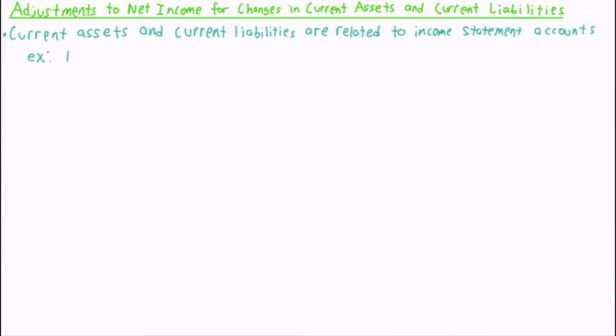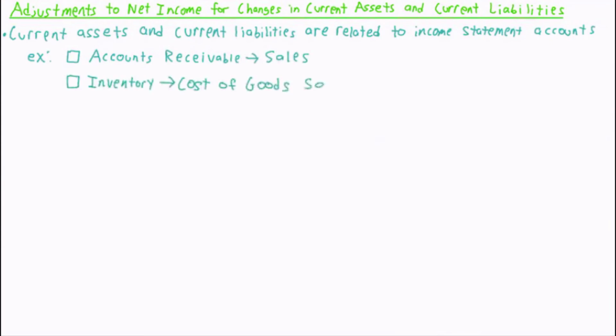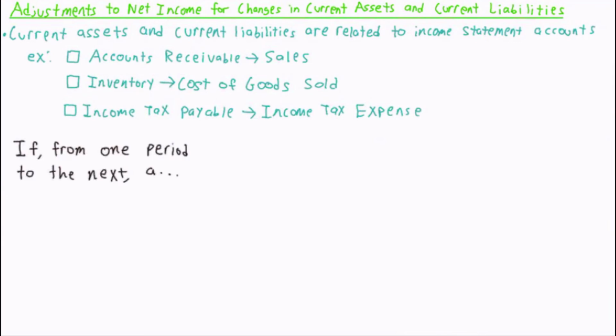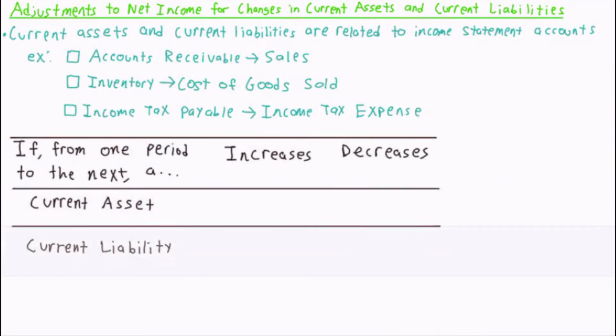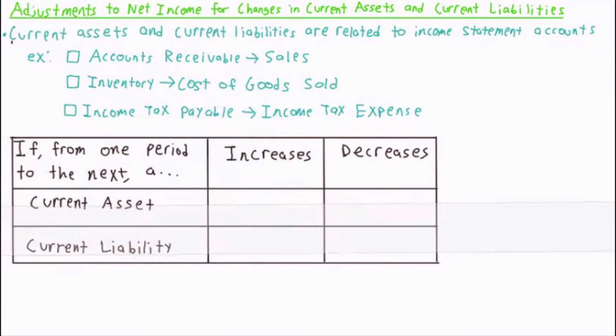For example, the current asset accounts receivable is related to sales, which is a revenue account. The current asset inventory is related to cost of goods sold, which is an expense account. Income tax payable, which is a liability, is related to the expense income tax expense. And even more importantly, it's only when the balances of these accounts change from one period to the next that we need to make an adjustment to net income.